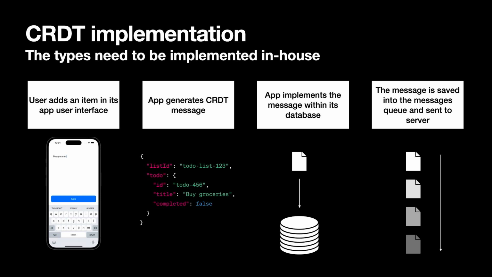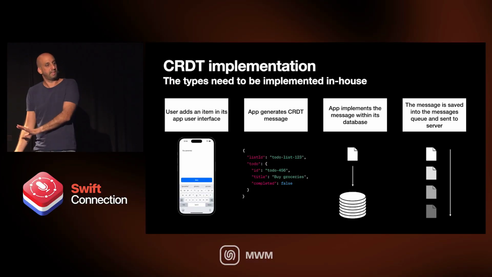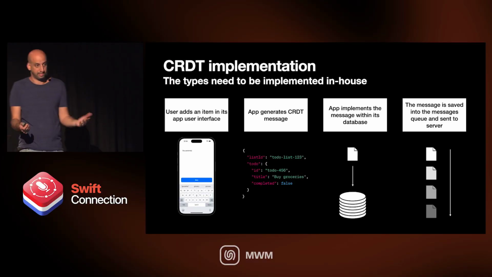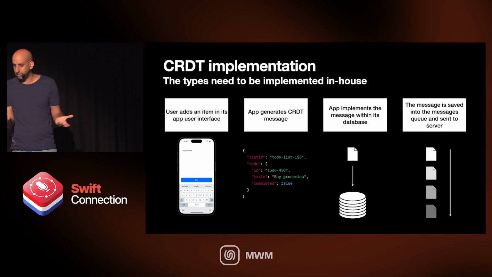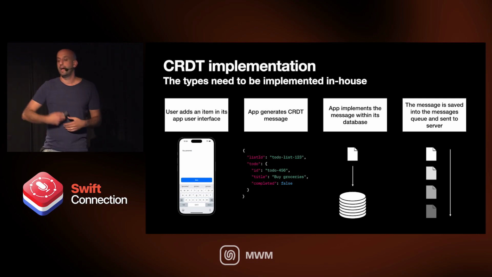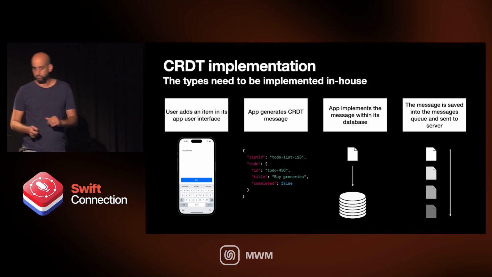We create a message, and then we apply it to our own database. We apply the message. And the reason we do that is because we want to have the same behavior when we get a message from the backend or when we create it from the user interface. We want it to be the same every time. Then after we create the message, we save it locally, so we need to think how to do that. It's not a business logic entity, right? It's just for syncing. And then we need to ship it to the server.